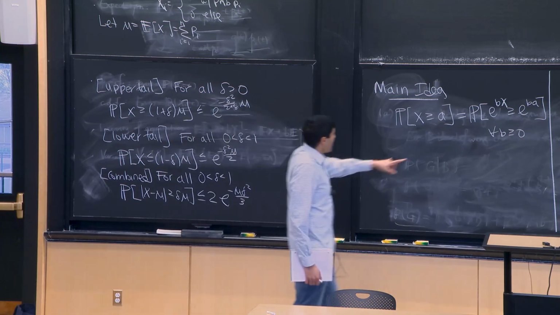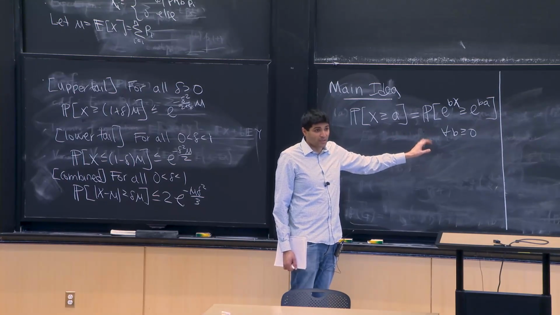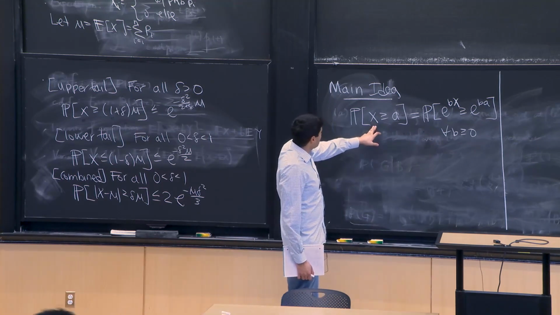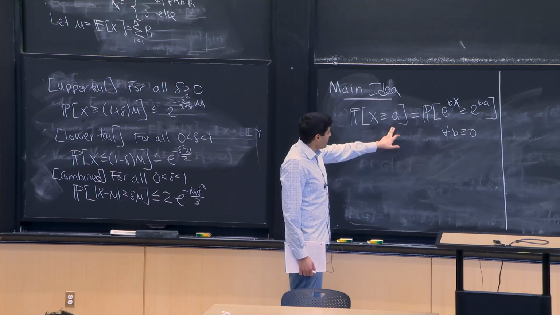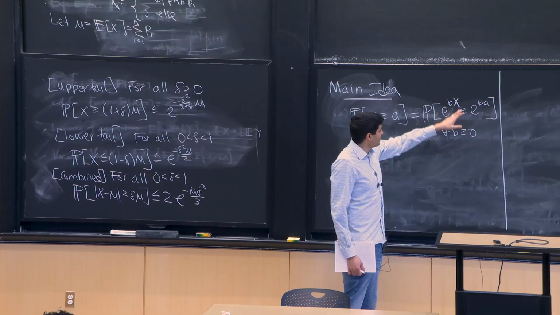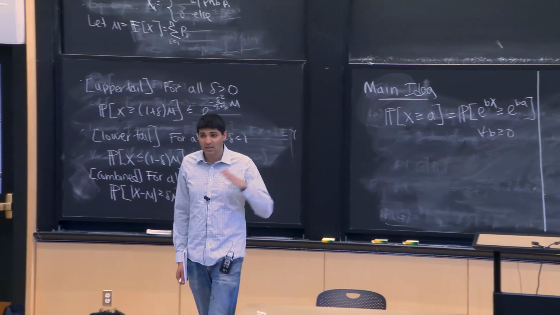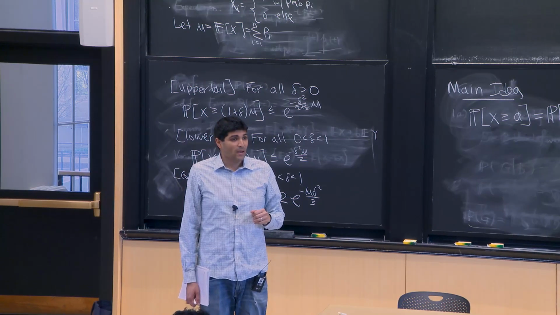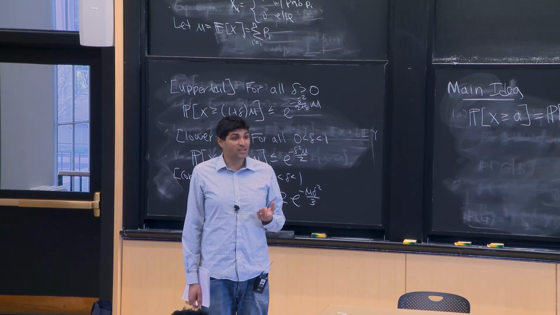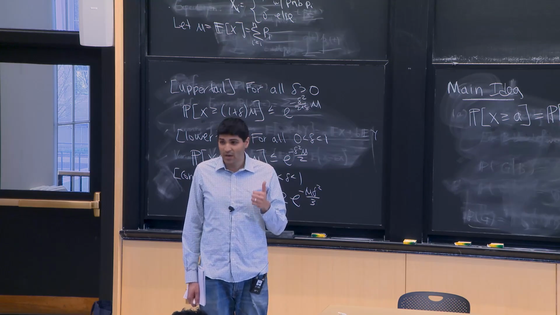So that's exactly what's happening here. You can take b to be 1 just for simplicity. I'm just saying that these two events are the same. X being at least a is the same thing as e to the x being at least e to the a. And that's just because e to the x is a nice monotone function. Right? And this is true now even if I put in a scalar b in there as long as b is non-negative. So is everyone on board with this?